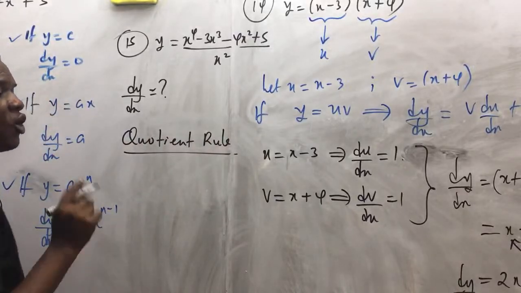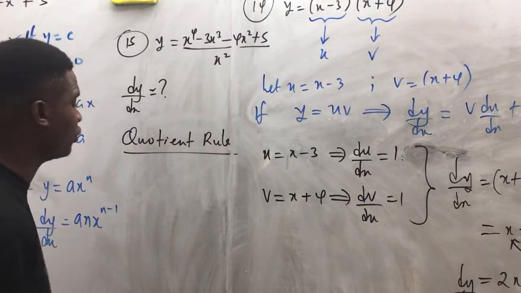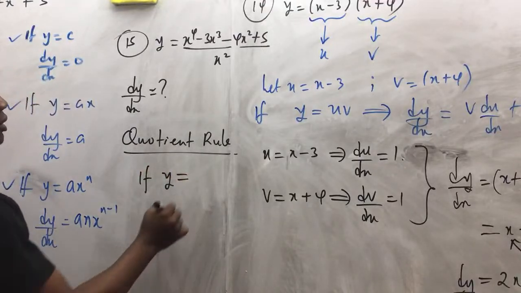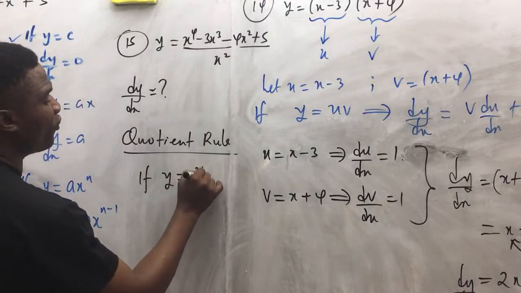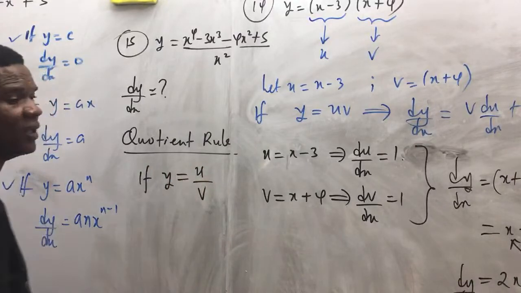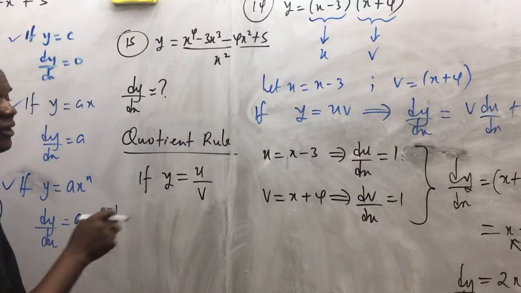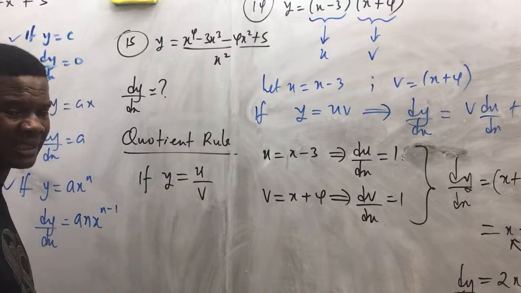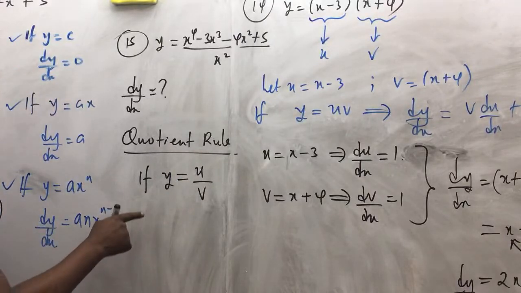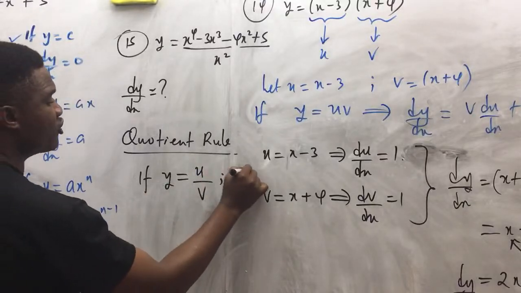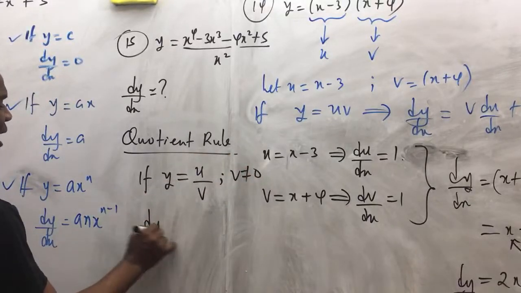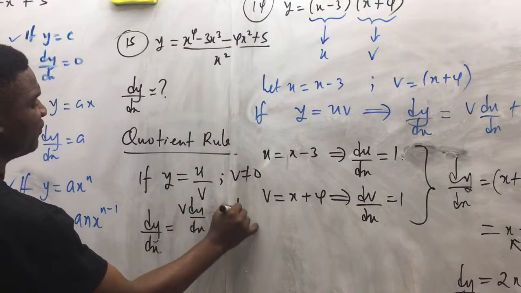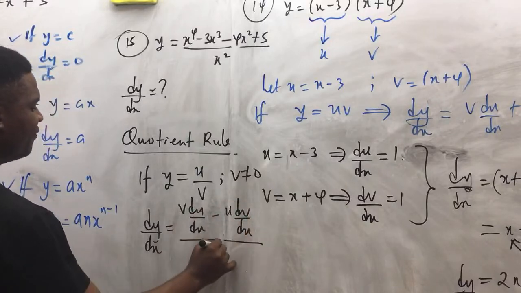Now the question is, under what circumstance do you use the quotient rule? The quotient rule states that if y, a dependent variable, depends on x through two functions expressed as a ratio, u and v, such that y is dependent on x indirectly through u and v, meaning that u and v are dependent on x directly, then according to the quotient rule, provided v is not equal to 0, dy/dx will be equal to v du/dx minus u dv/dx, all over v squared.